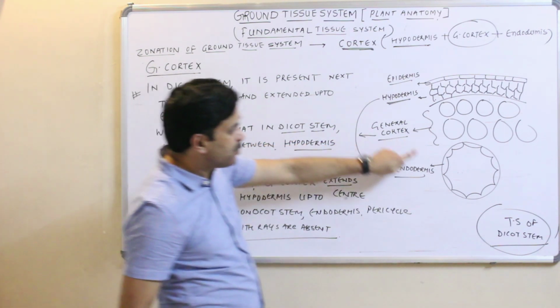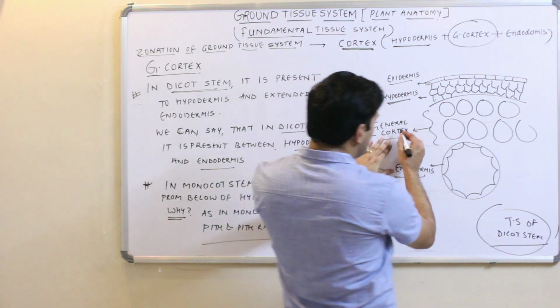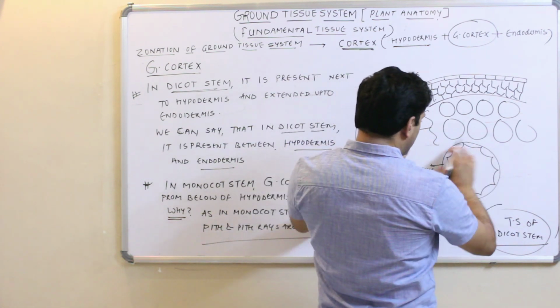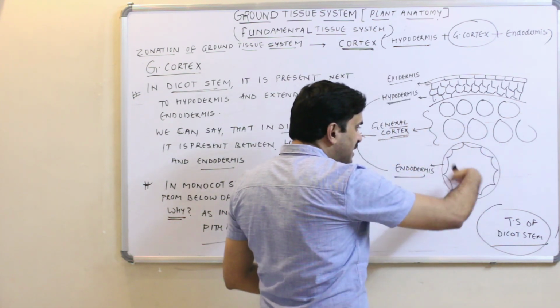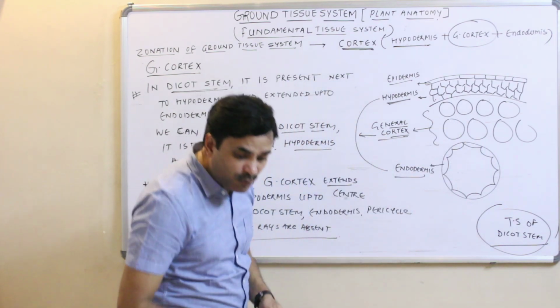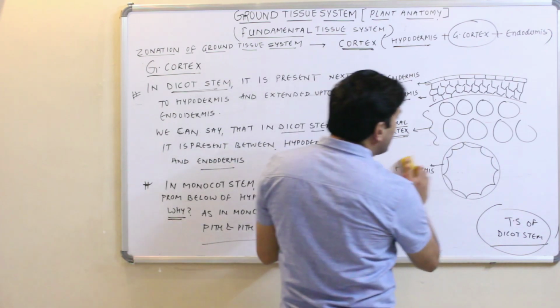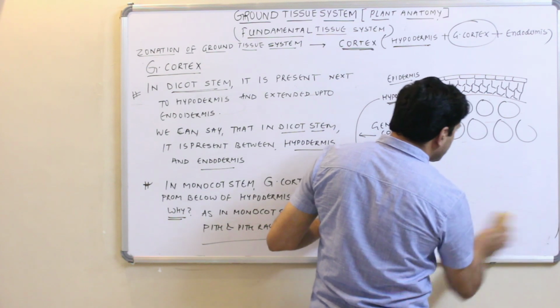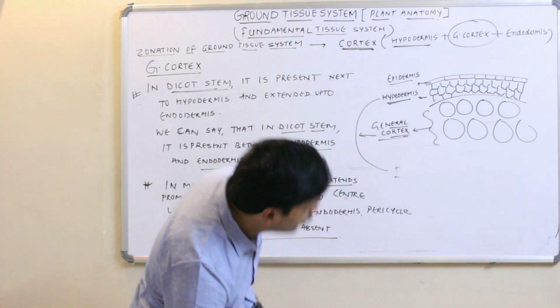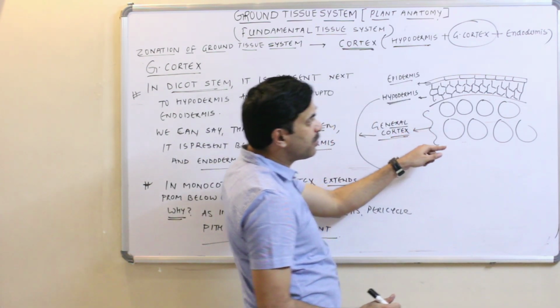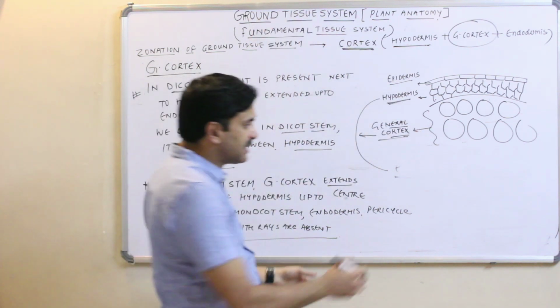In the dicot stem, general cortex is up till the endodermis only, because there is a demarcating layer known as the endodermis. But in monocot stem, this general cortex will extend up to the center.